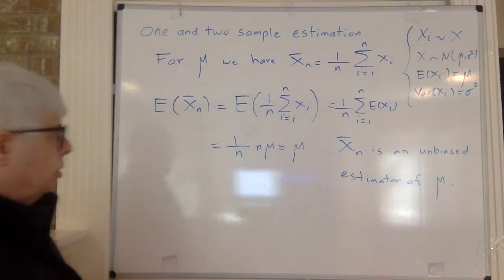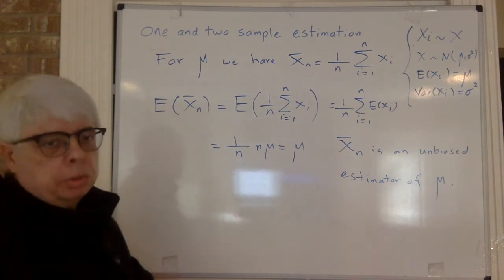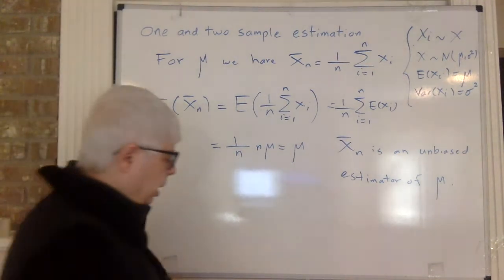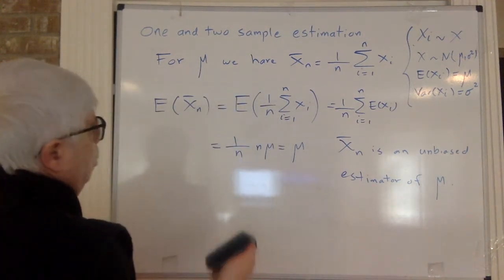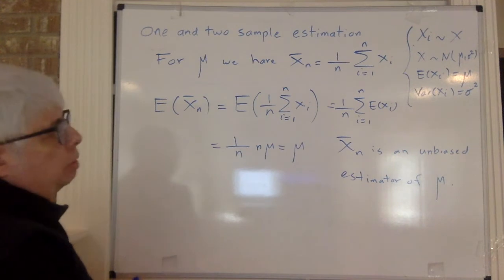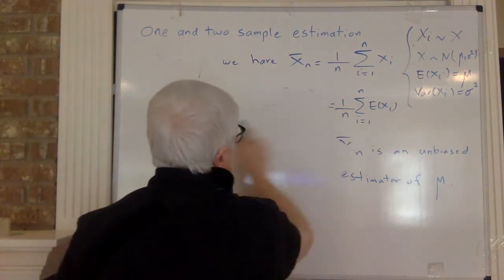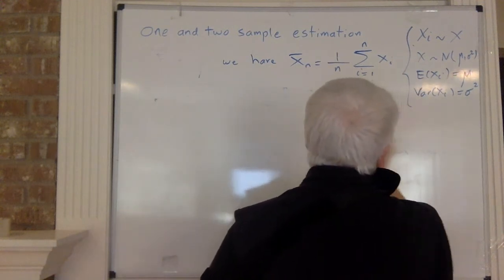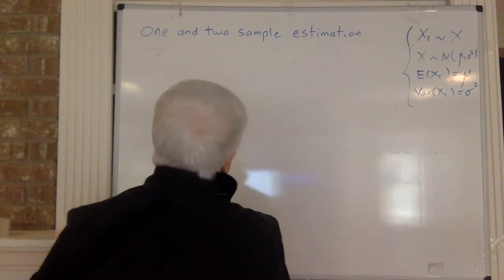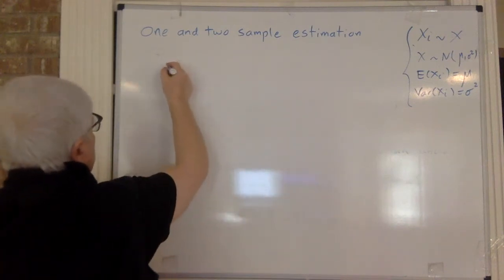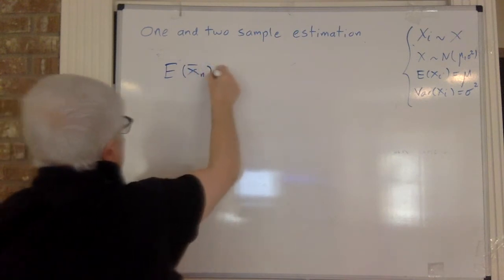Now, before I try the other one and find out whether S squared is also unbiased, let me give you some idea of what's going on. Okay, this estimator we found. Let me erase this. So we showed that E of x bar is mu.